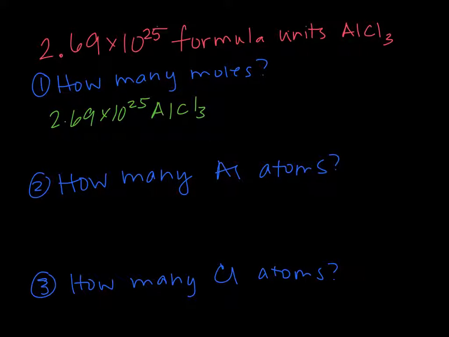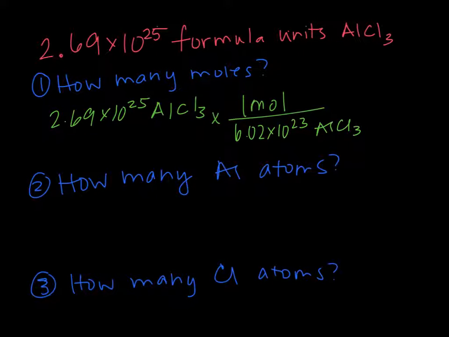Okay, so I have 2.69 times 10 to the 25th AlCl3s, and I want to know how many moles that is. Well, I know that if I had 1 mole, and mole can't go on the bottom because I want moles, and I have AlCl3s on the top over here, so I have to put the same thing down here. So I know that if I have 1 mole, it'd be 6.02 times 10 to the 23rd AlCl3s, and that would be a mole of AlCl3.